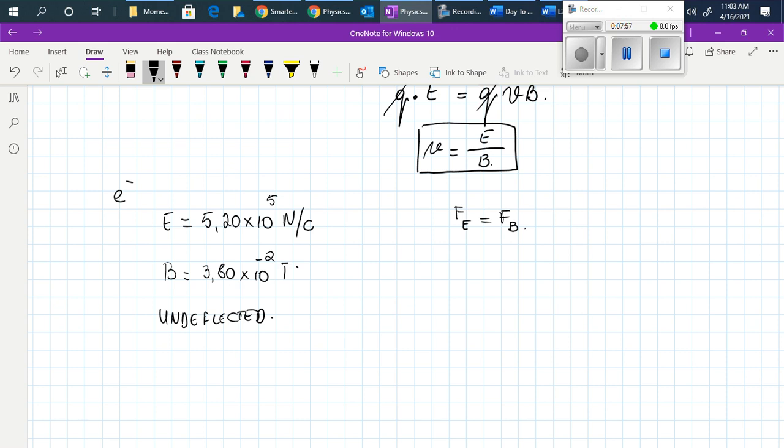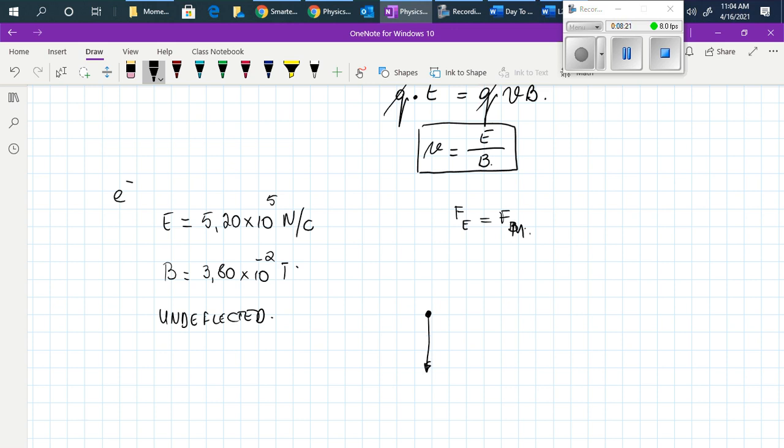So the net force will be just the electric force and the magnetic force, not gravity. Okay, so the free body diagram in that case was that the electric force was going down and the magnetic force was going up. But they are always one up and one down so that they can cancel out.